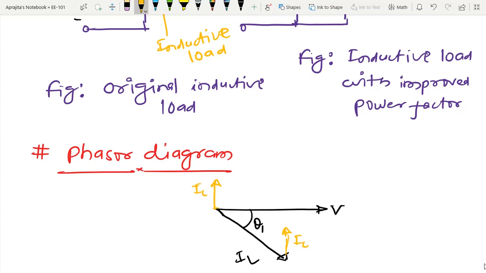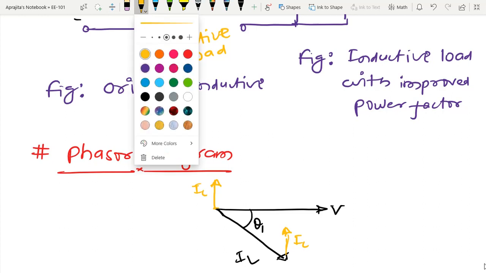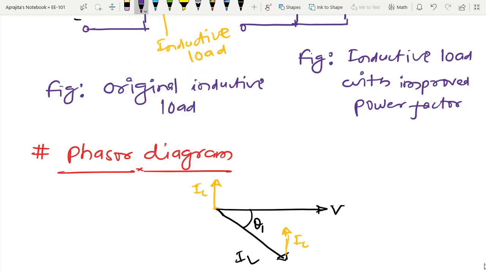And after that, due to that I am getting the resultant one, which is this, and this current is I, because I equals IL plus IC, and now my angle is θ2. So in this way we are drawing the phasor diagram.